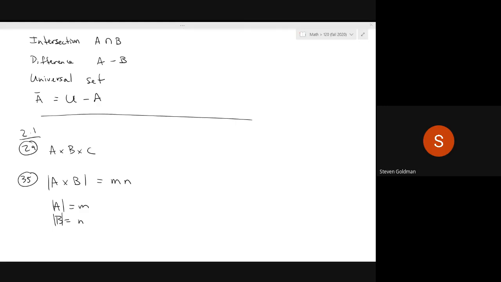For each of these pairs of sets, determine whether the first is a subset of the second, the second is a subset of the first, or neither is a subset of the other. C was the set of students studying discrete mathematics, and the second set is the set of students studying data structures. Neither one is a subset of the other, because you could have students that are in one group but not in the other, and vice versa.